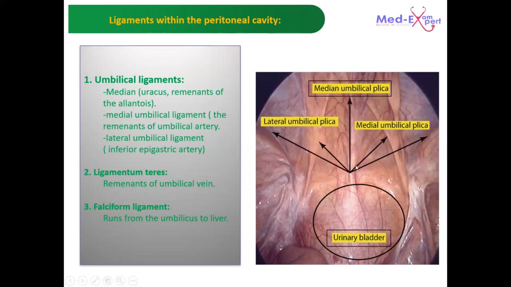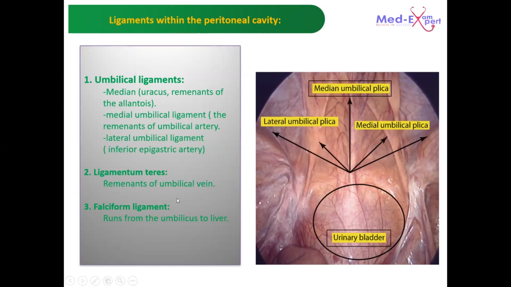The median umbilical ligament, which is in the center, is the remnant of what's called the urachus, which ascends up from the bladder; it's the remnant of the allantois, okay? This is the median one, okay? Then the medial umbilical ligament is the remnant of the umbilical artery, okay? The lateral umbilical ligament, as we said, is the fold raised by the inferior epigastric vessels, okay?